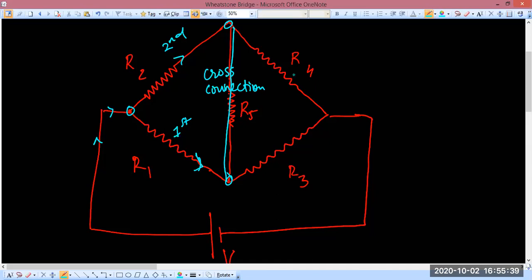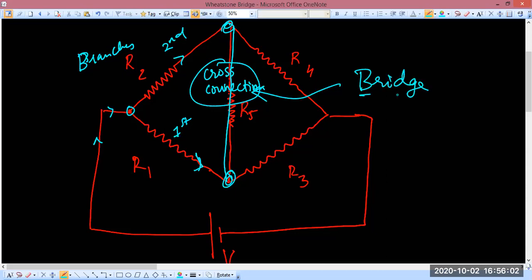So if it is like this, that there are two branches and then between the two branches there is a cross connection. Okay, then such a thing or this cross connection is what is called the bridge.